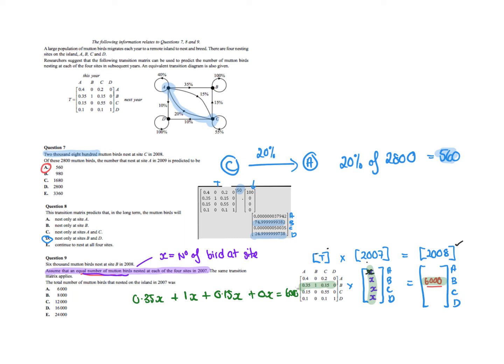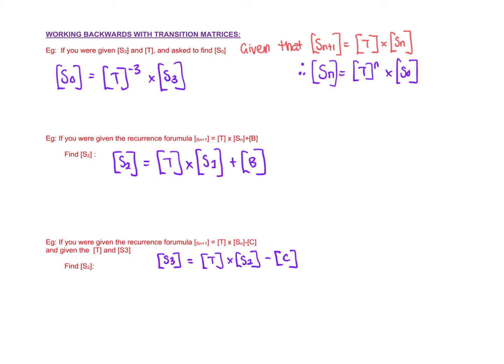And because it's only got X's, you can actually solve for this. So you can go solve and we can go comma X, and we find out that X equals 4,000. So if it says what's the total number of birds in 2007, that means we had 4,000 at each of the sites. So we'd say 4,000 times 4 equals 16,000. So D is our answer. Okay, so sometimes we have to work backwards.